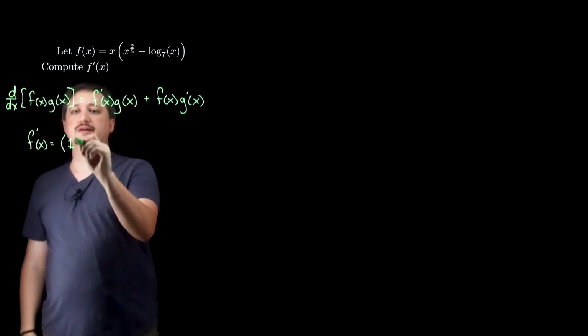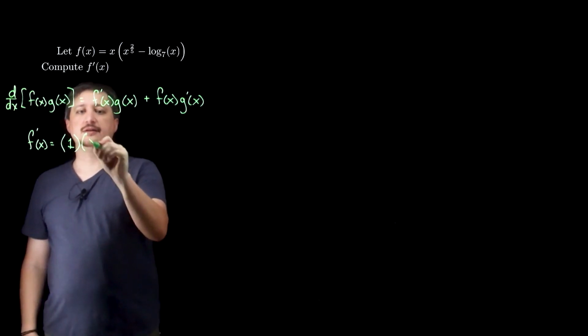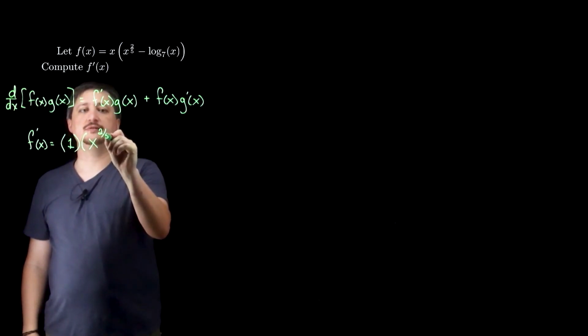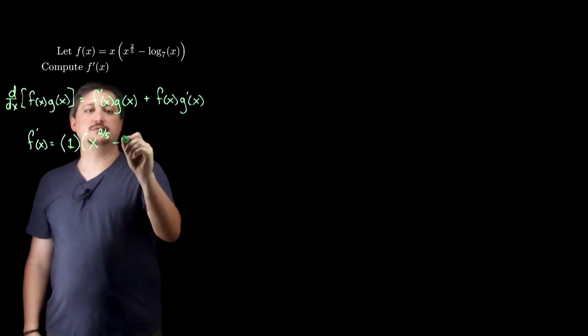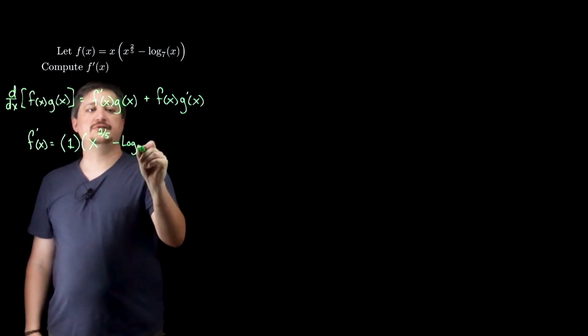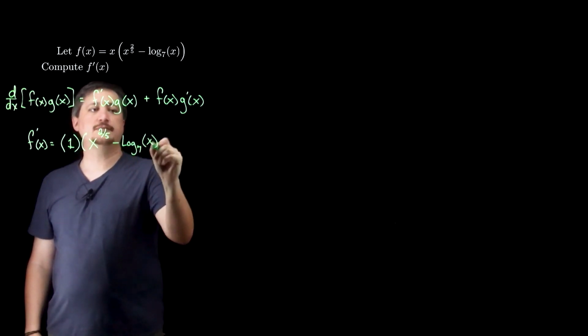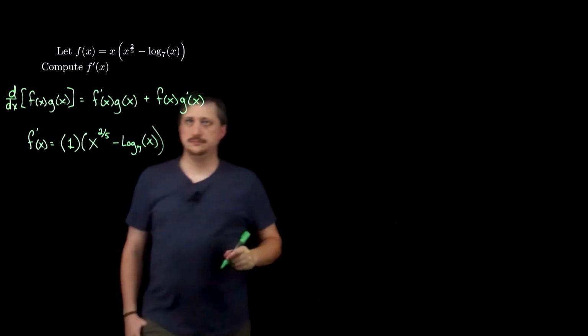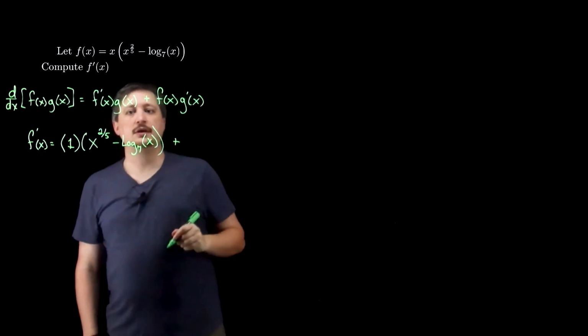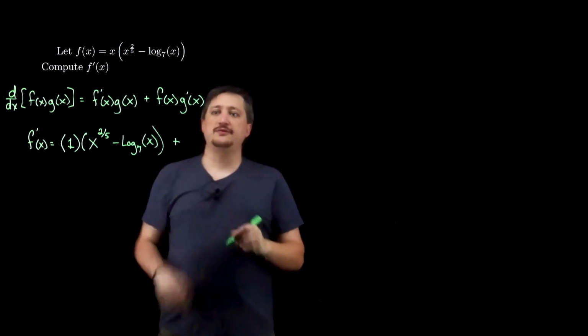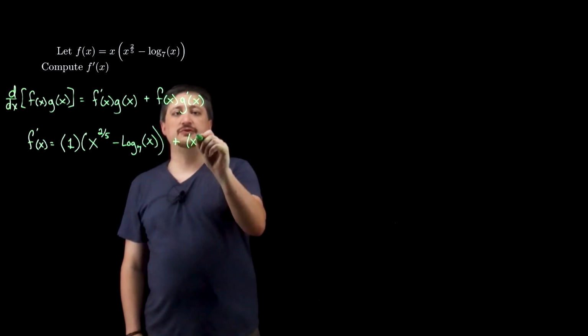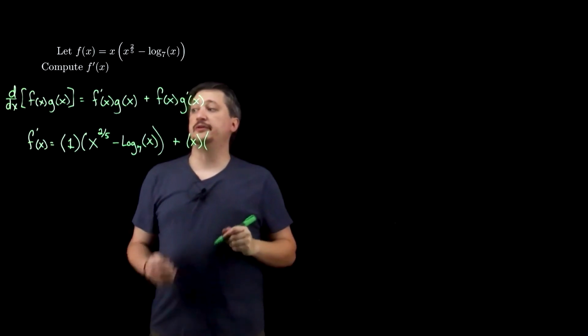So the derivative of x is just 1 times the second, x to the 2/5 minus log base 7 of x, plus, and now I want that first function times the derivative of the second.